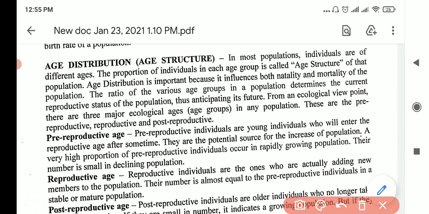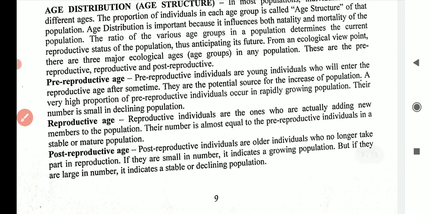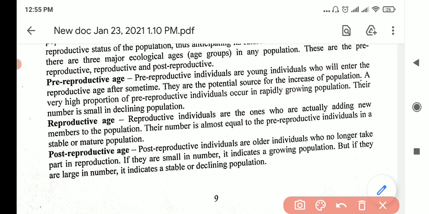So there are 3 major ecological age groups. You have the pre-reproductive, those are your children, the toddlers and teenagers. Then the reproductive will be your age and my age.